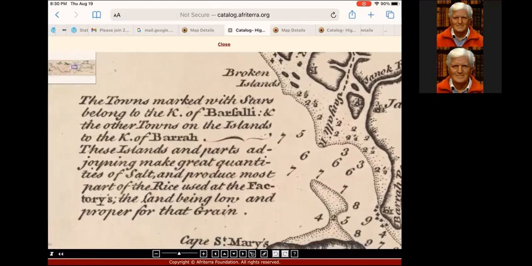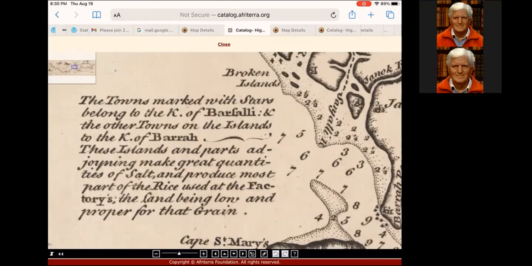like this one. The towns marked with stars belong to the king of Barsali, and the other towns on the island to the king of Bara. These islands and parts adjoining make great quantities of salt and produce most part of the rice used at the factories, the land being low and proper for that grain.